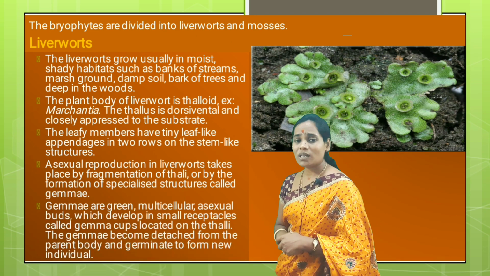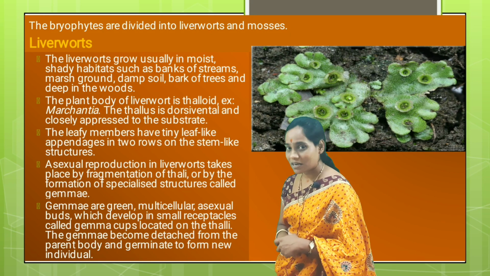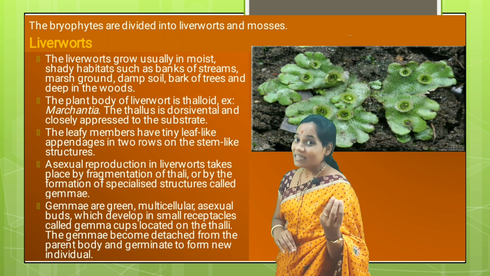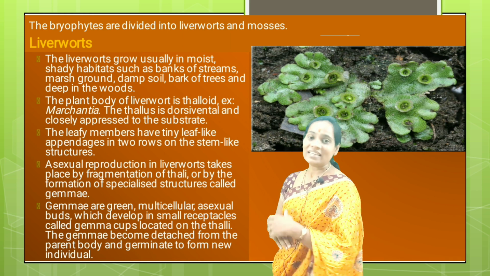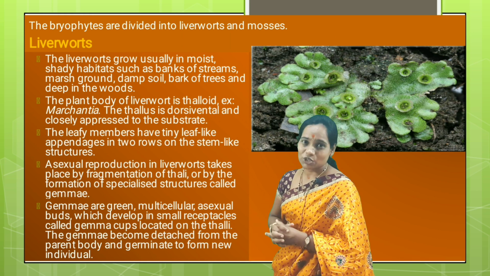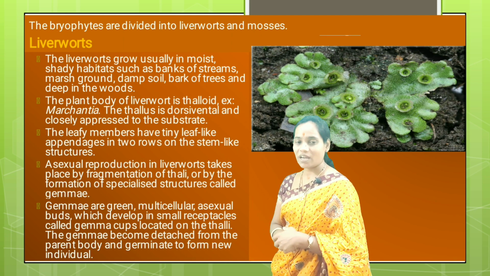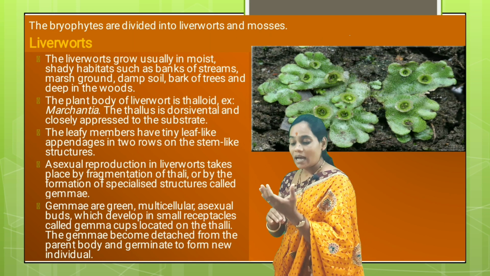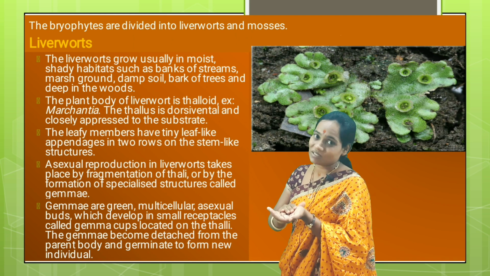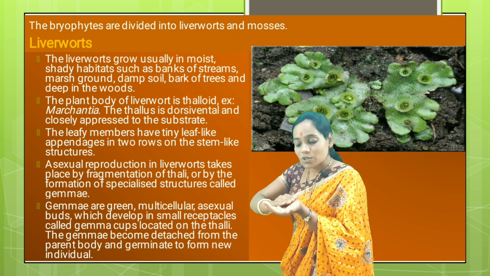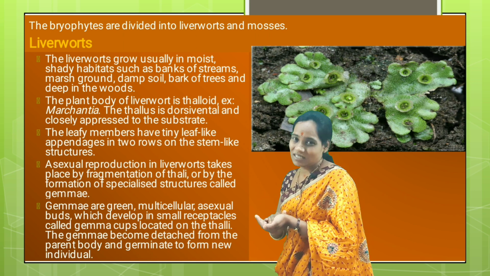These asexual structures, gemmae, are multicellular and appear green in color. They are asexual buds produced within a small receptacle-like structure, which appears as a cup-like structure.